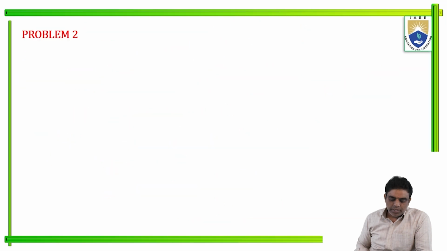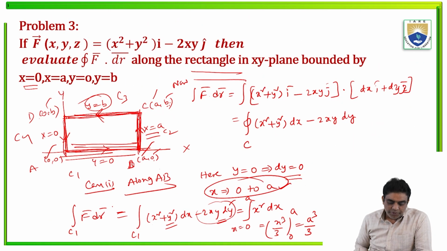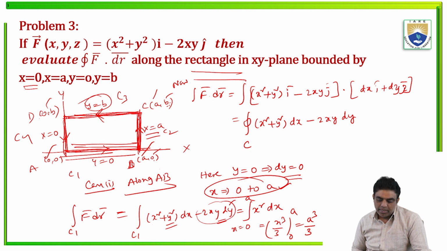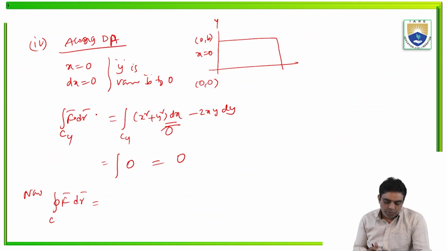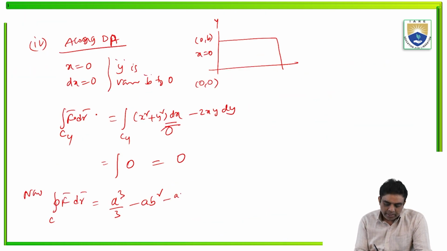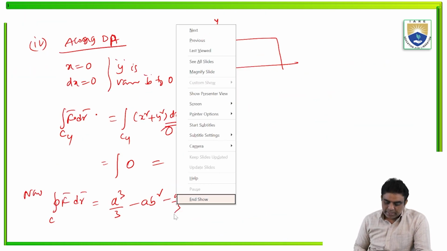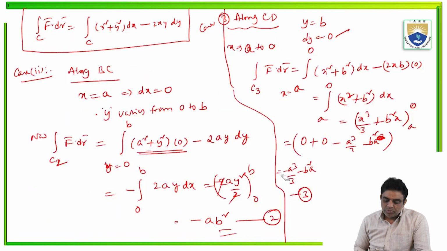So now the integral of F bar dot dr bar along the closed curve, the rectangle, is equal to, what is the first value? The first value, case 1, a cube by 3 minus ab square. The second value, the third value minus a cube by 3, and what is the other value?